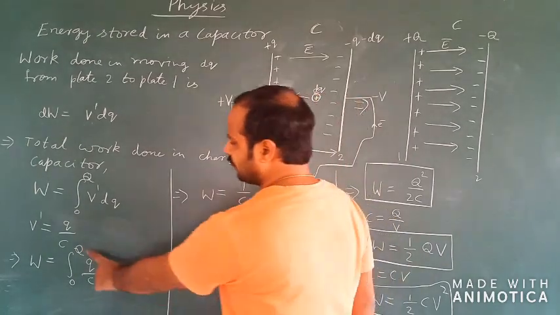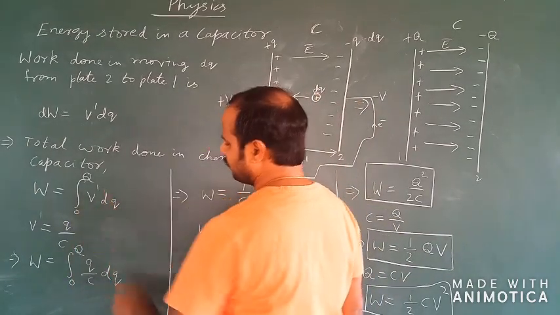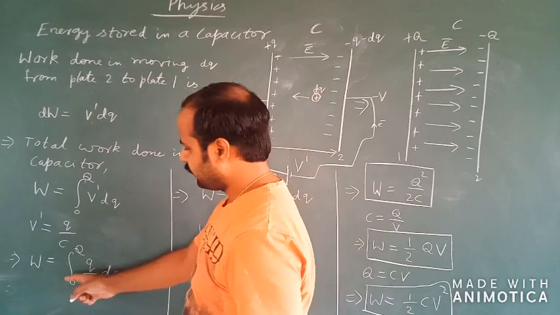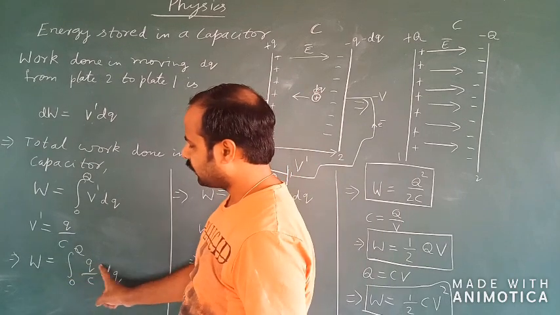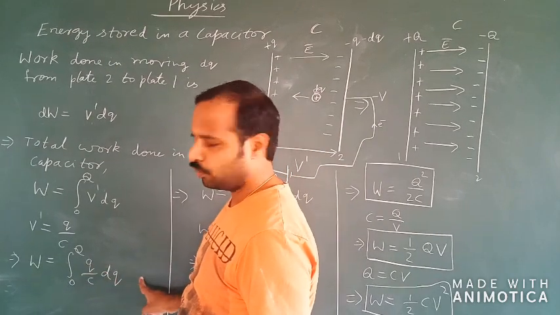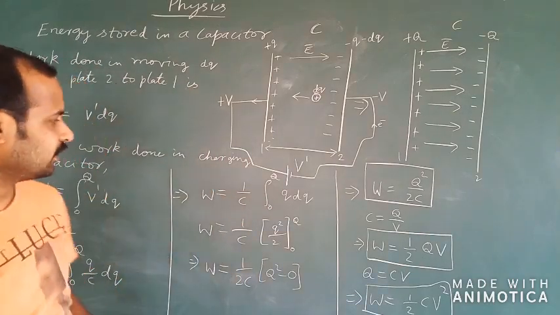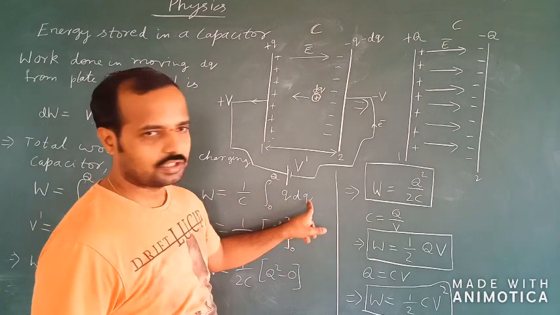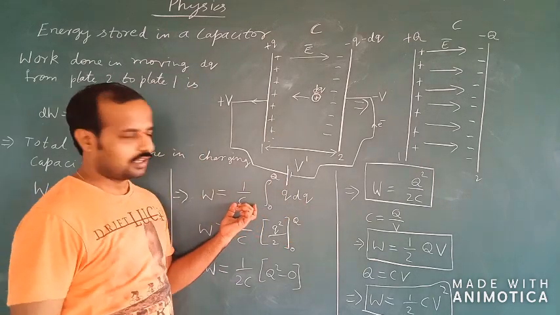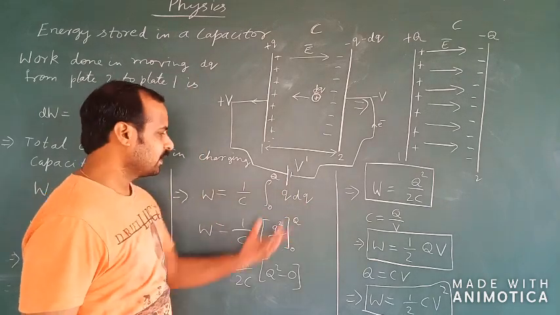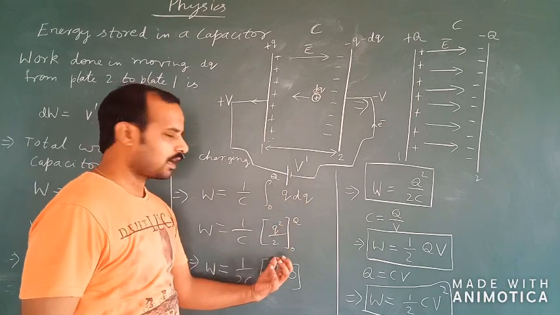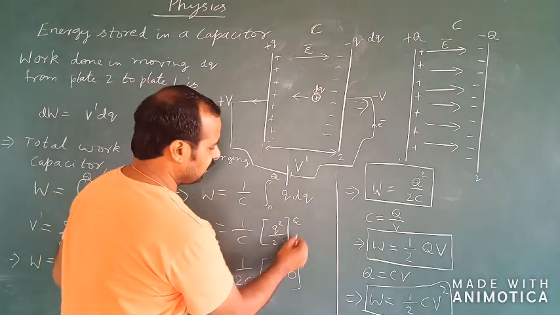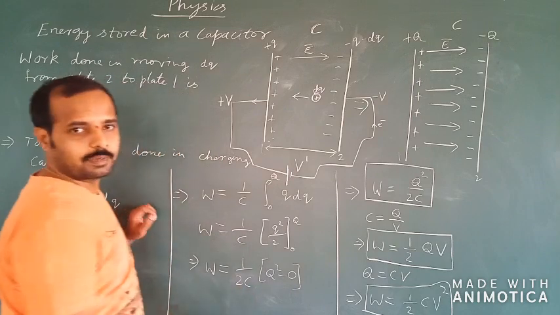Substituting for V', W equals the integral from 0 to Q of q by C dq. On integration we get W equals 1 by C times the integral from 0 to Q of q dq, since C is a constant and I am taking 1 by C out. The integral of q dq is q square by 2, with the limits 0 to Q.